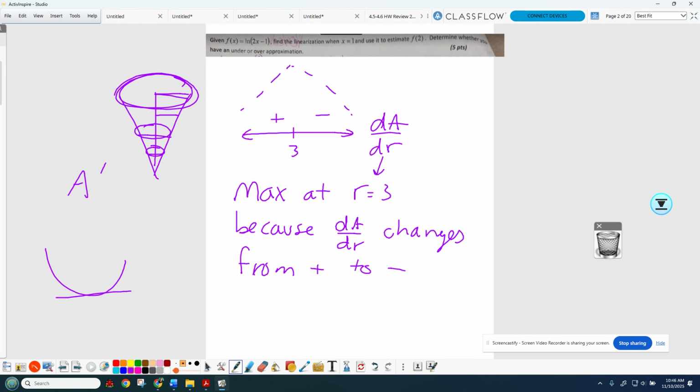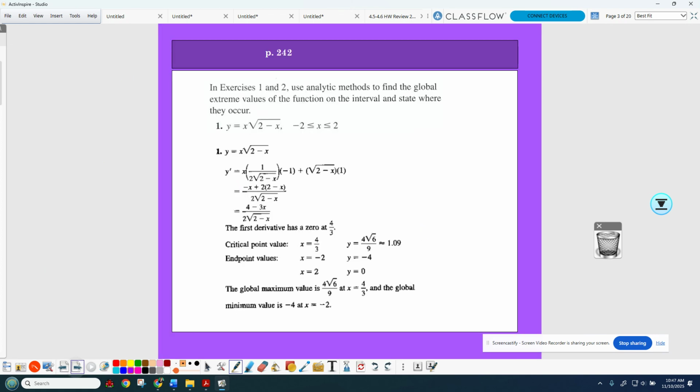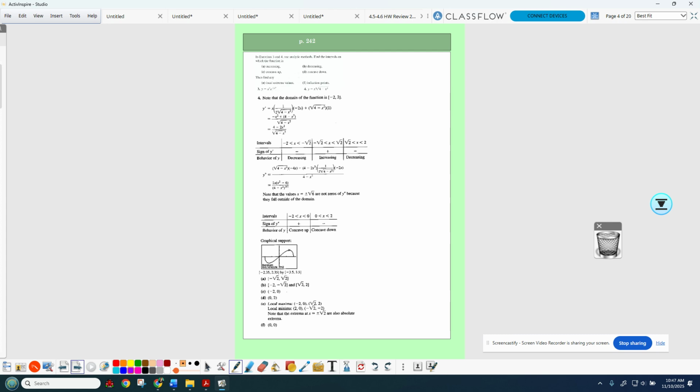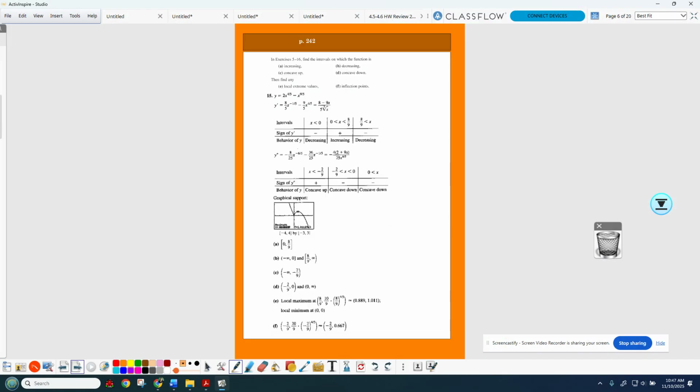Cool, sure. And most of you did a first derivative test, didn't name it, and just went with the number line. That's why, no, I need words. This is stuff from the textbook on all of chapter 4.